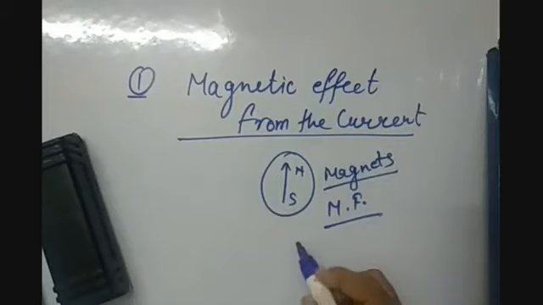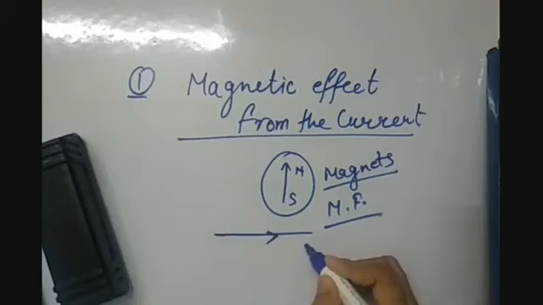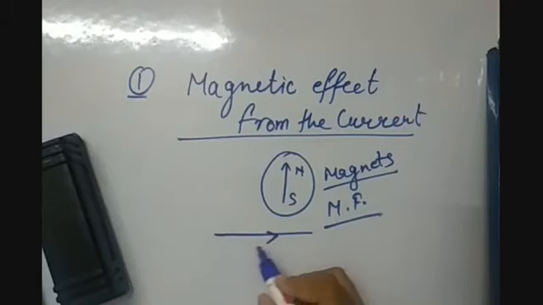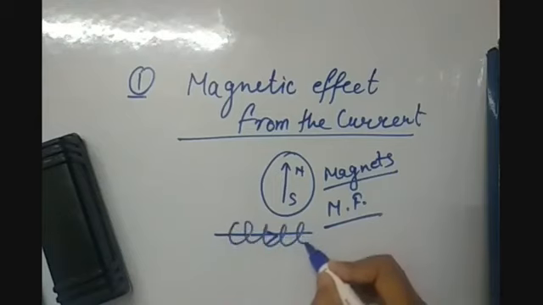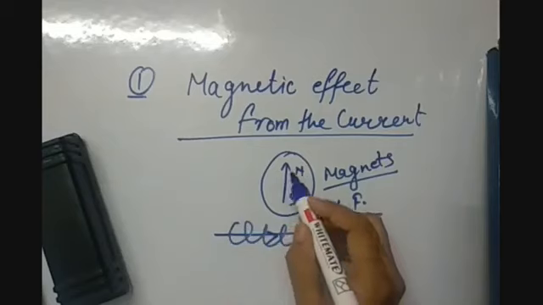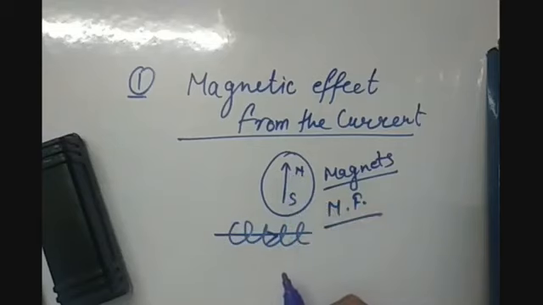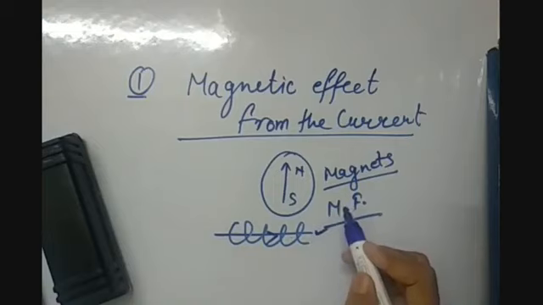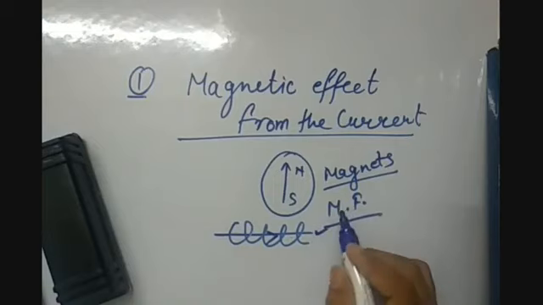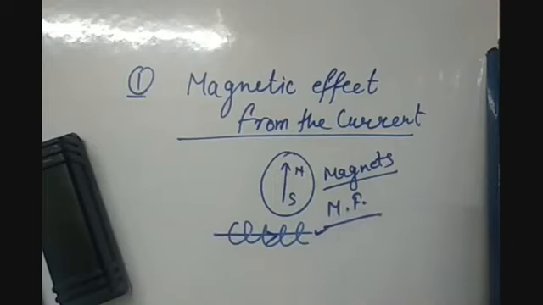That means when the current is flowing in the conductor, there must be a magnetic field around this conductor which is causing the magnetic compass to deflect. So that is how it was invented, that current can produce magnetic effect as well, or you can say current can generate magnetic field.